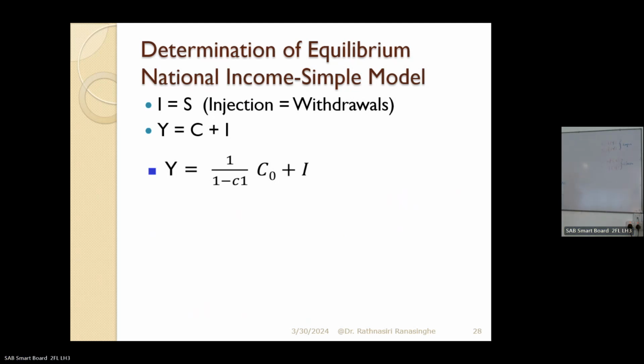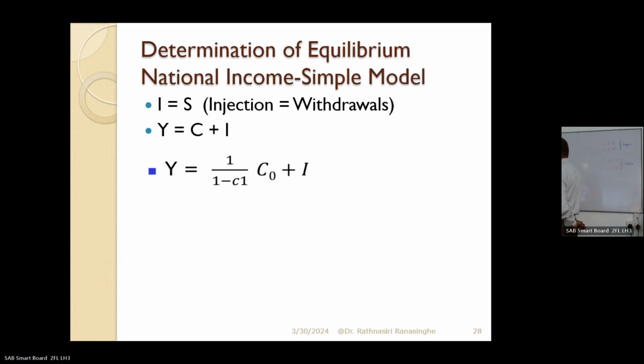That is called autonomous expenditure multiplier, with respect to change in autonomous expenditure, C and I. So there is a multiplier effect on national income.